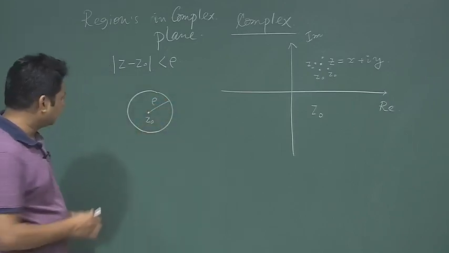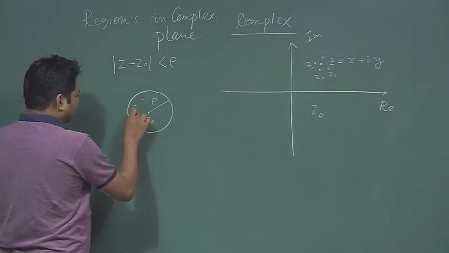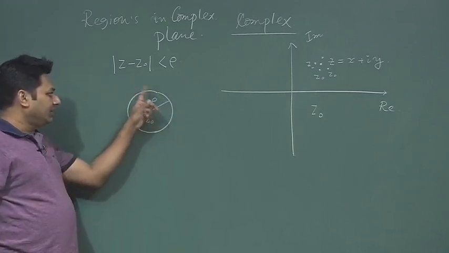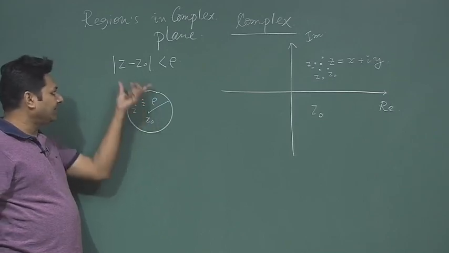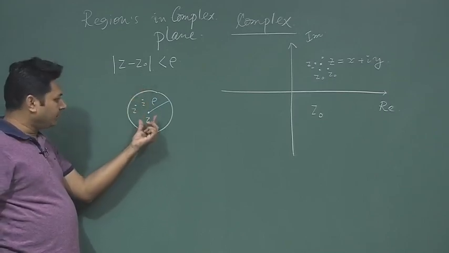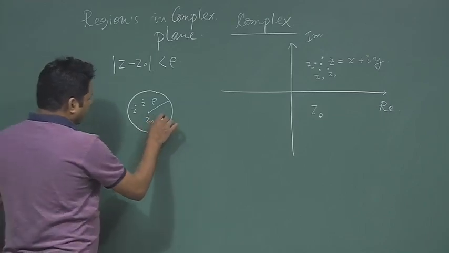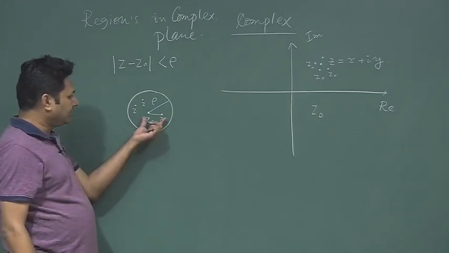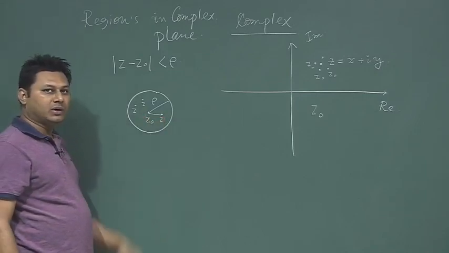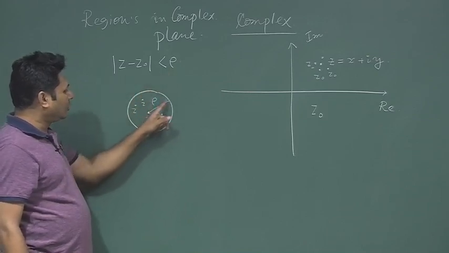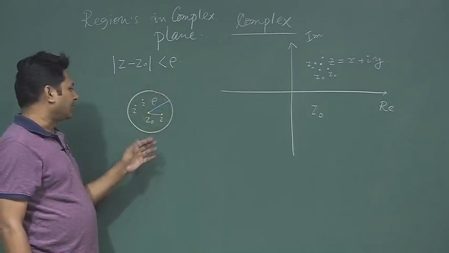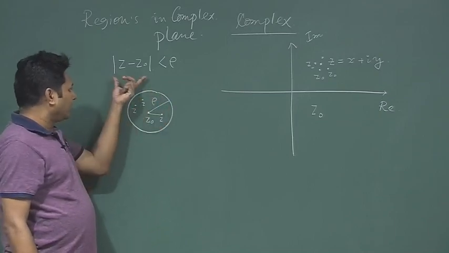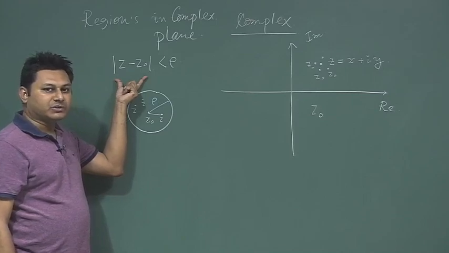All the points z inside the circle satisfy this expression. If I take one point z here, the length of z minus z0 is always less than rho, the radius of this circle. So whatever point I have inside this circle can be represented by this expression.